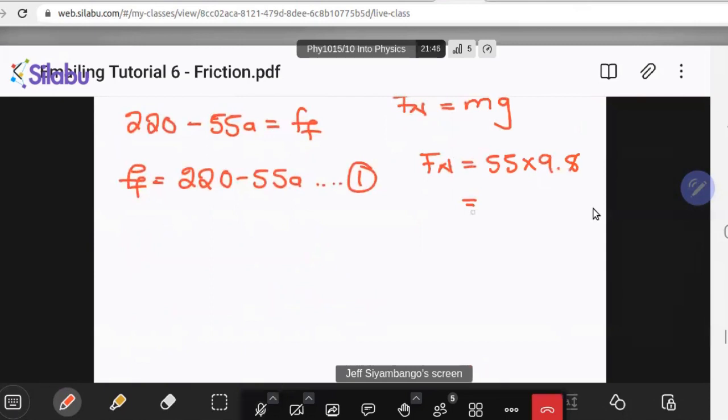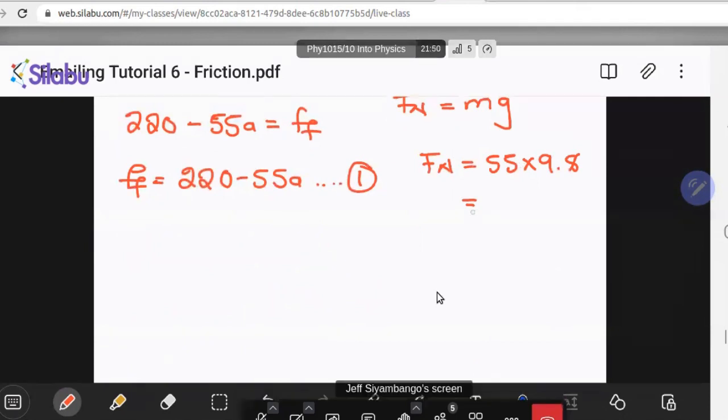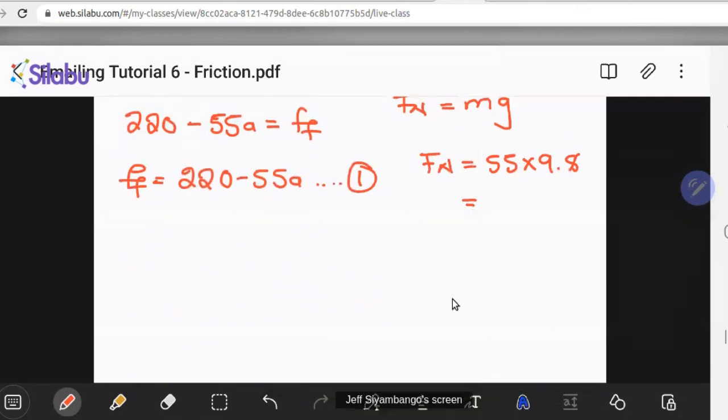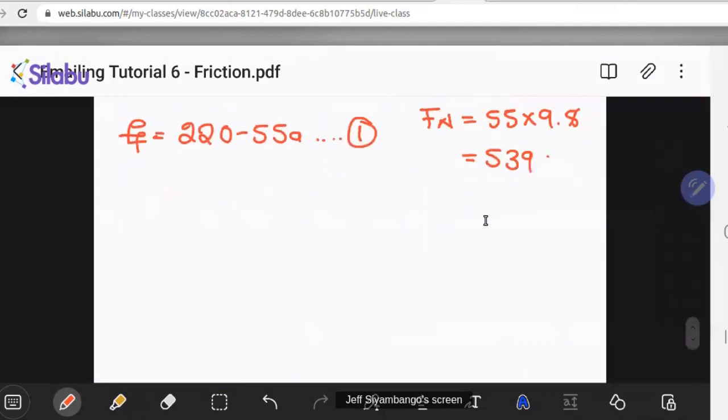Let's see what it gives us for Fn. So that is 55 by 9.8. So we get 539. So we now know the normal force, but how helpful is the normal force?